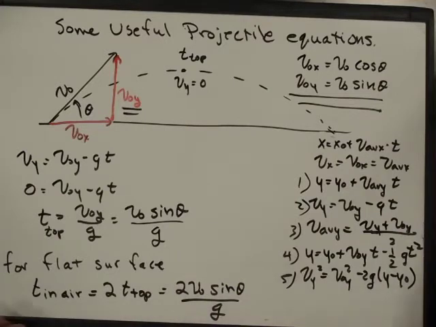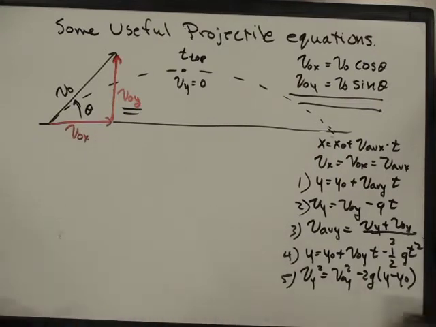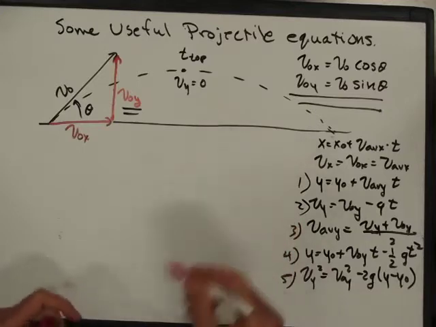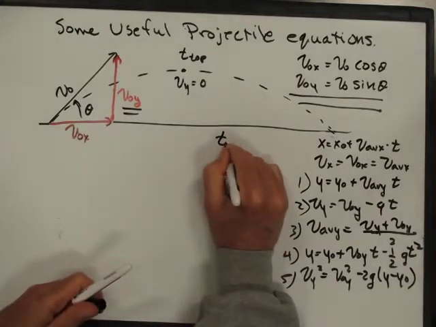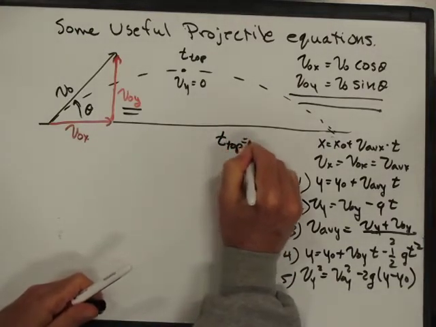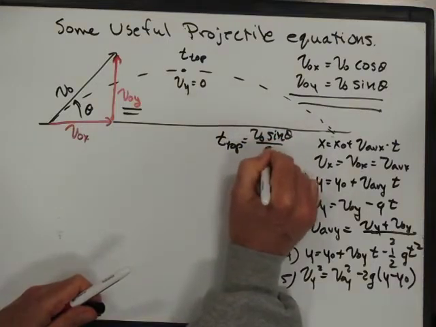Right? And so remember this. I'll just write it off to the side. Time to the top equals v naught sine theta over g.